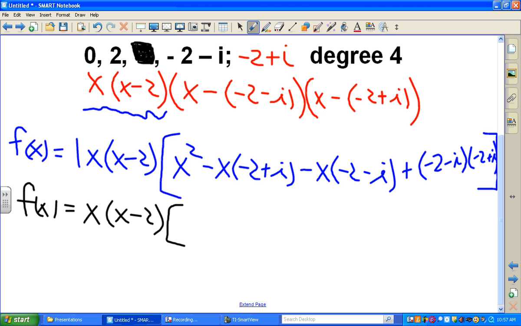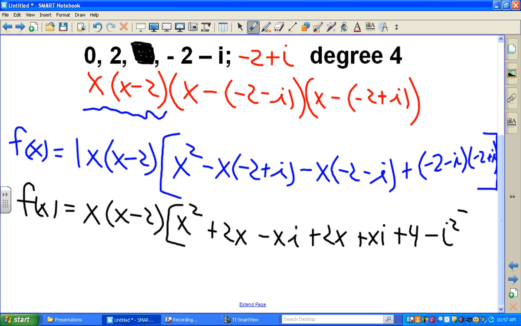I'll keep the FOIL because I don't think I'm quite ready yet. x squared plus 2x minus xi plus 2x plus xi plus 4 minus i squared. Does that look right?